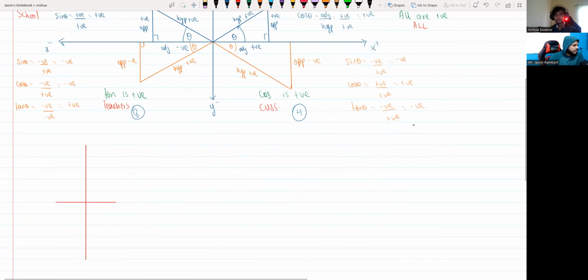From our quadrants, we have one of the ratios being positive in 2, 3, and 4, and all being positive in 1.